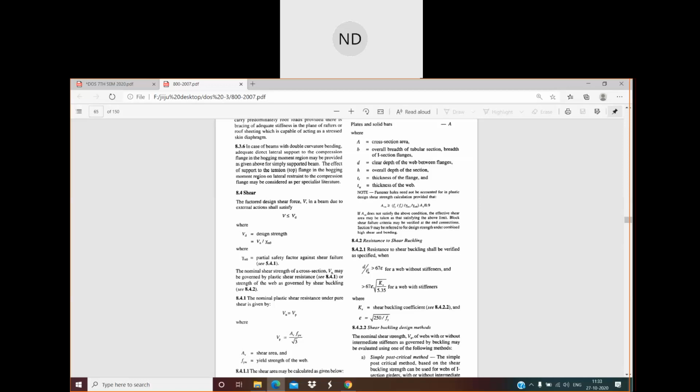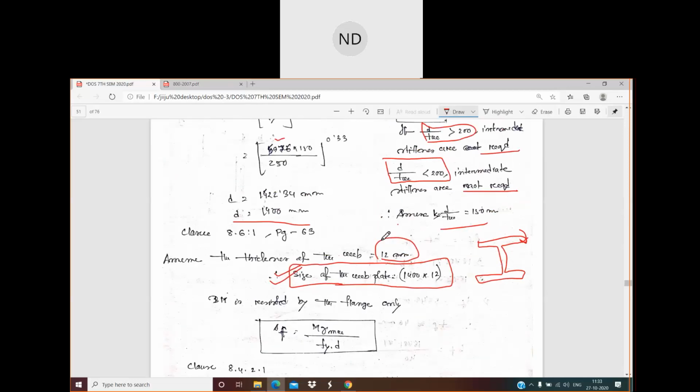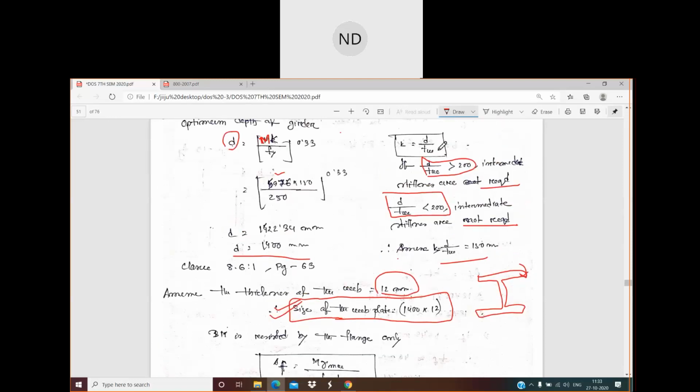Like d by tw, if it is greater than 67 epsilon for a web without stiffener, it should be greater than 67. Also, we have seen that if d by tw is greater than 200, intermediate stiffeners are required; if it is less than 200, it is not required.